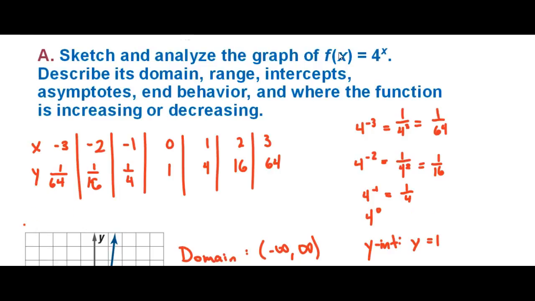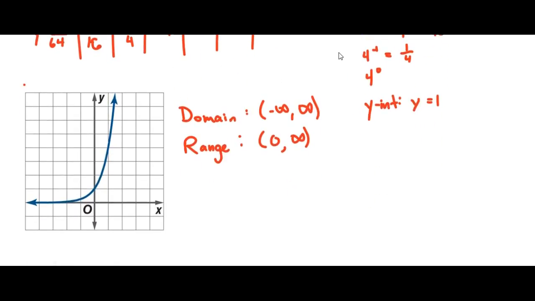For the asymptotes, like we said, it seems to never cross the x-axis. So we have an asymptote at the line y equals 0.